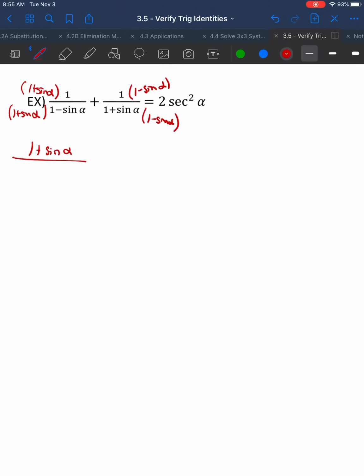Okay, so I get 1 plus sine alpha over, and I have to distribute, plus 1 minus sine alpha on the numerator.